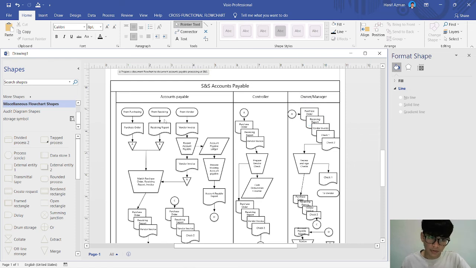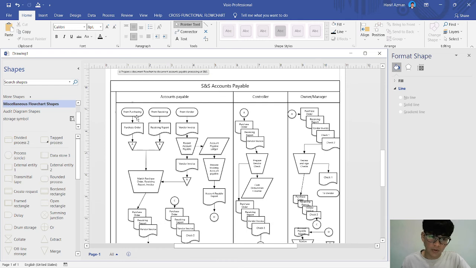From the case given, firstly we start with account payable first. From the case given, purchasing department, receiving department, and vendor department will send the document separate alphabetically to SNS account payable.